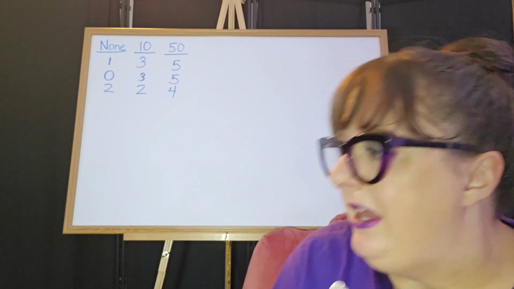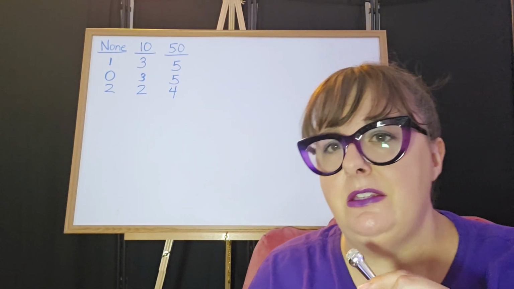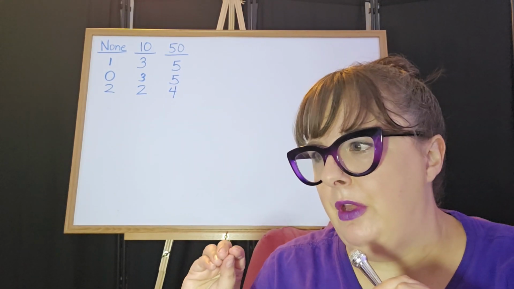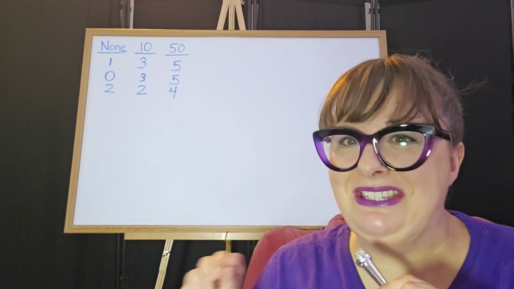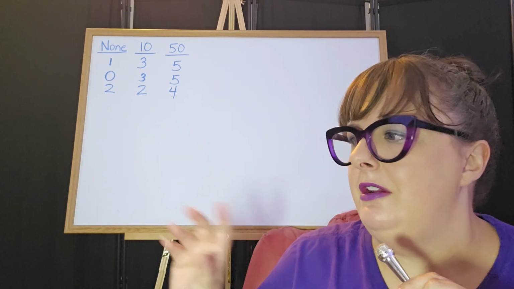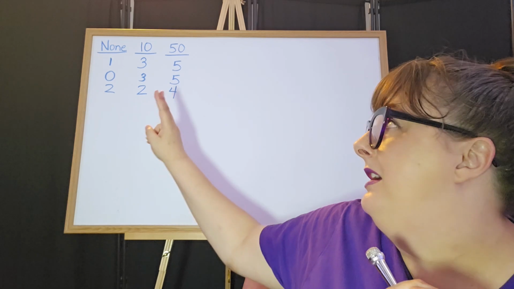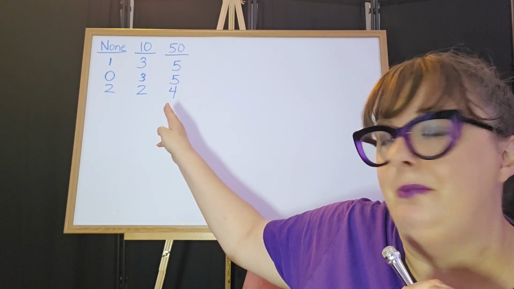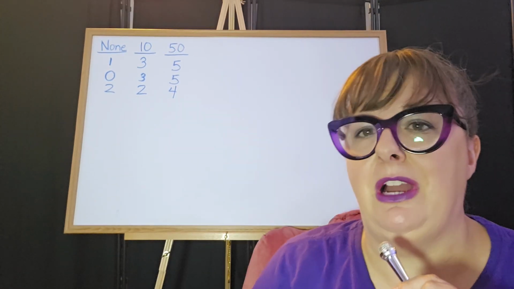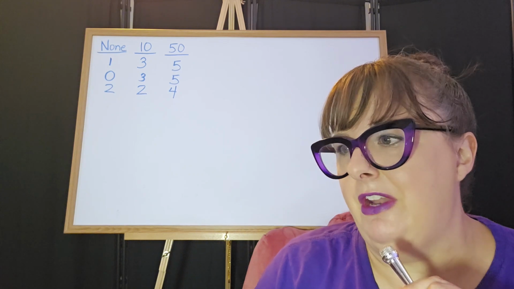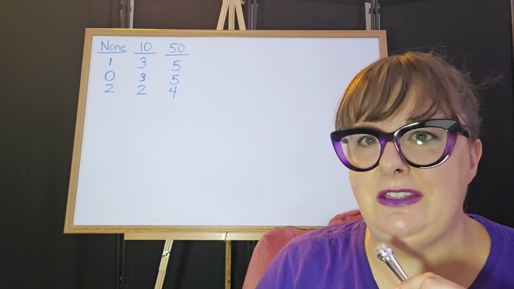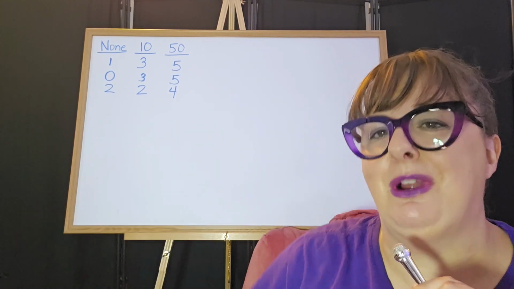Here we have 3 groups, and the participants are randomly assigned to either do no studying, no practice, do 10 practice problems, or do 50 practice problems. Then for the dependent variable, they're given a test on the statistics that were in the practice problems.